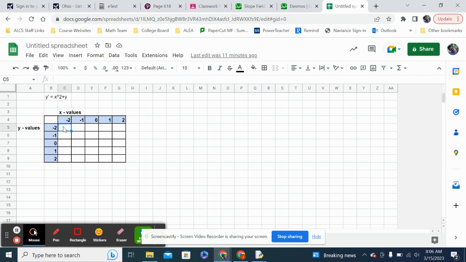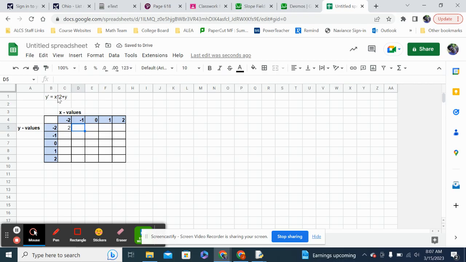So I'm going to plug all these different, I have 25 ordered pairs here in this table. All the x values from -2 to 2, or the integers, with the y value integers from -2 to 2. So for example, if I plug -2 in for both x and y, what do I get? Well, -2 squared is 4, and then plus y, which is also -2, that's going to be 2.